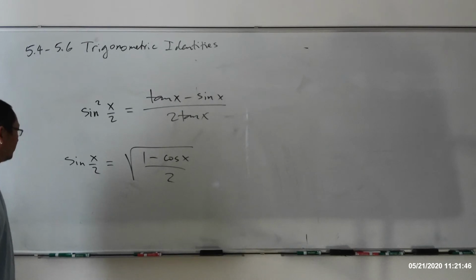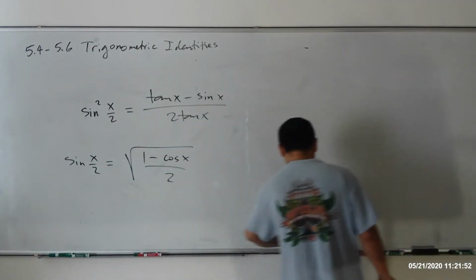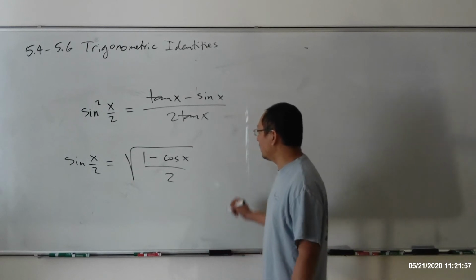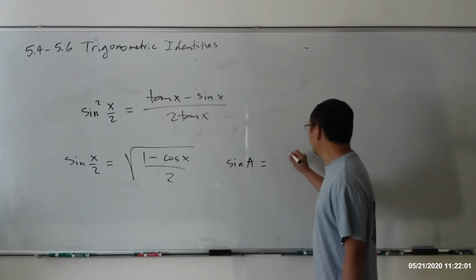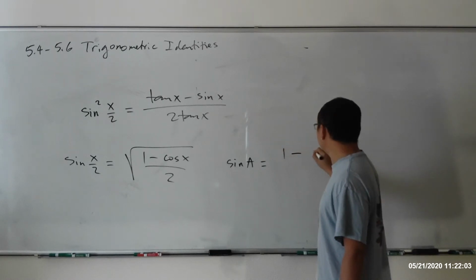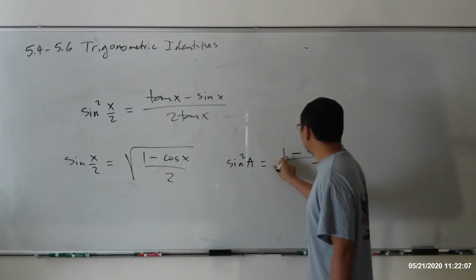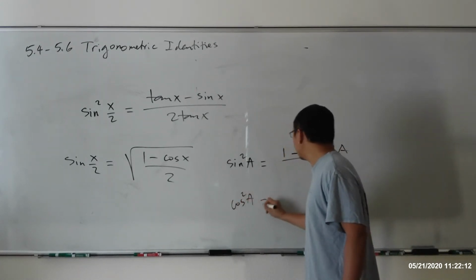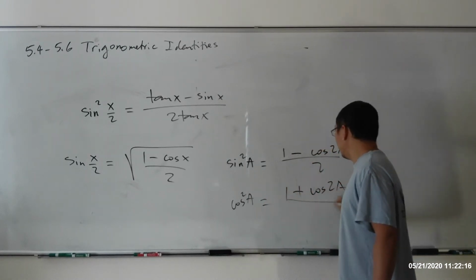Okay. So square up both sides, and by the way, this is what you guys usually see when you get to calculus. They write it this way: sine squared A is equal to 1 minus cosine of 2A over 2. Okay, easier for you guys to remember. And then cosine squared of A is equal to 1 plus cosine of 2A over 2.